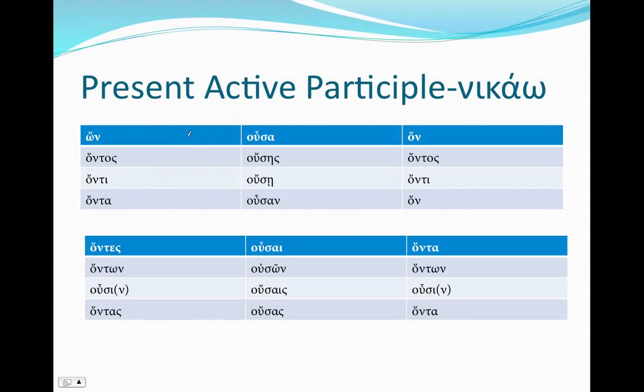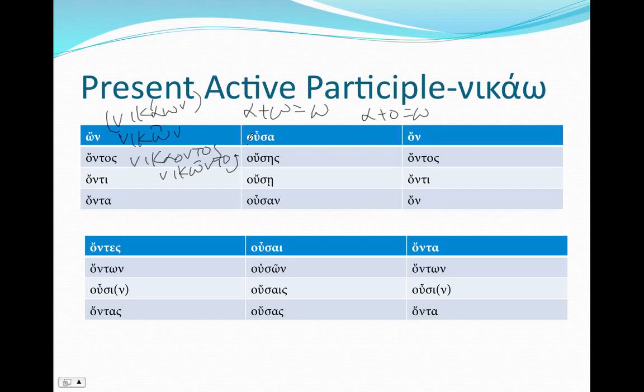Well, what about alpha contracts? A little different here, because remember the rule for alpha contracts. Alpha plus omega equals omega, so we're going to get nikon from nikaon, and nikaontos, all of those omicrons are going to render us nikontos, because alpha plus omicron equals omega.